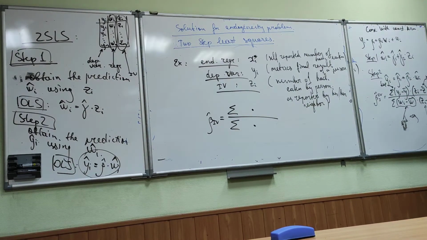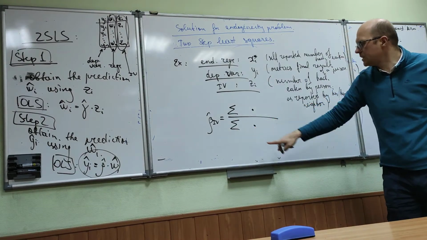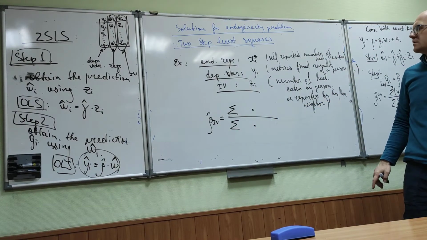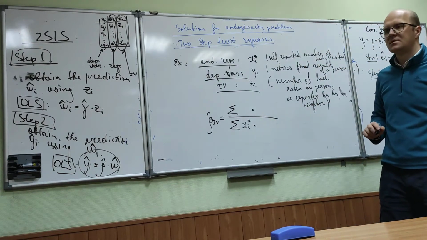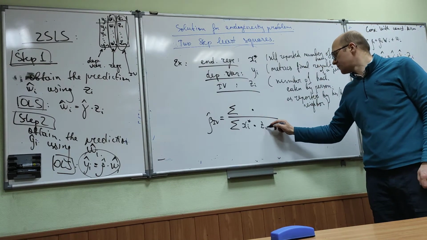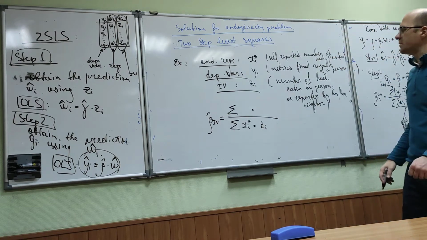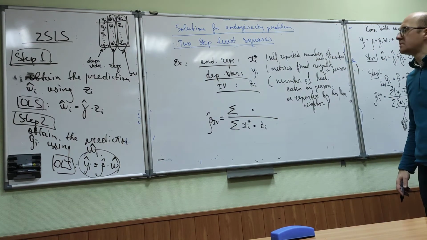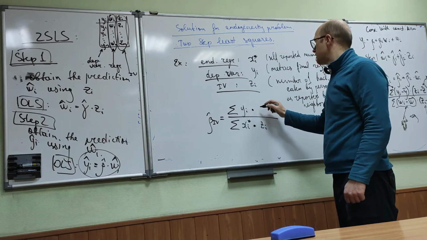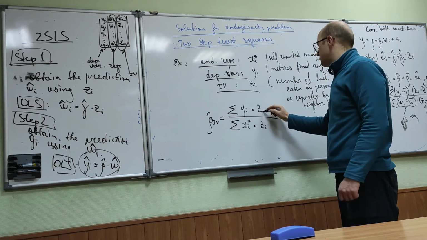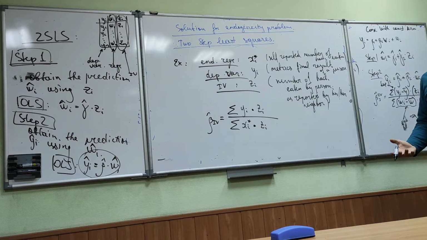So in the denominator we have X star times Z, and in the numerator we have Y times Z.